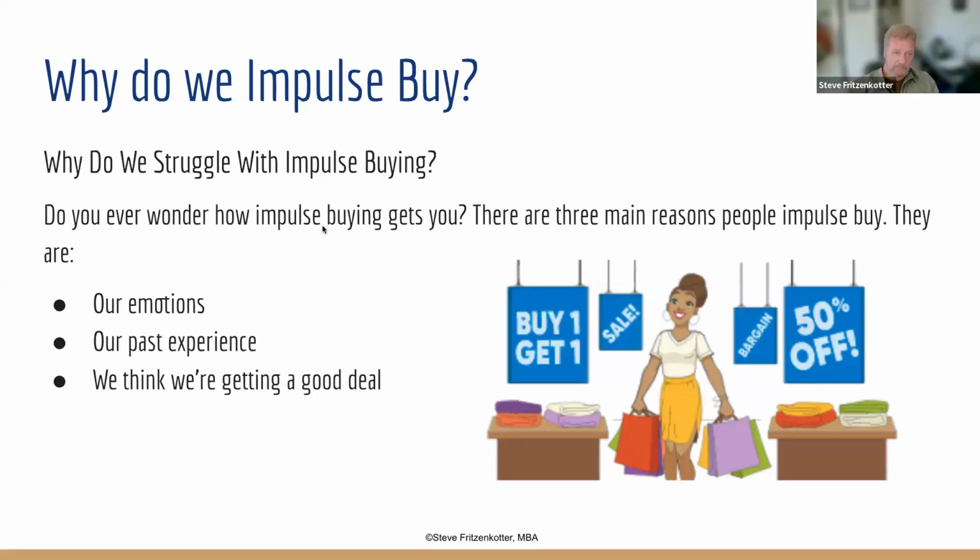Now we're talking about impulse buying. Why do we care? There's a really good reason, and that's because about 60% of the purchases consumers make, you and me, everybody, in the retail environment are unplanned.